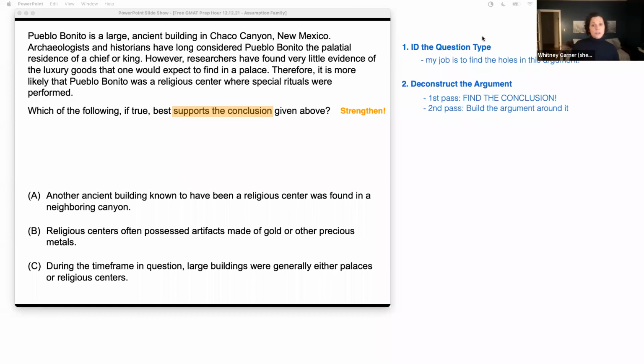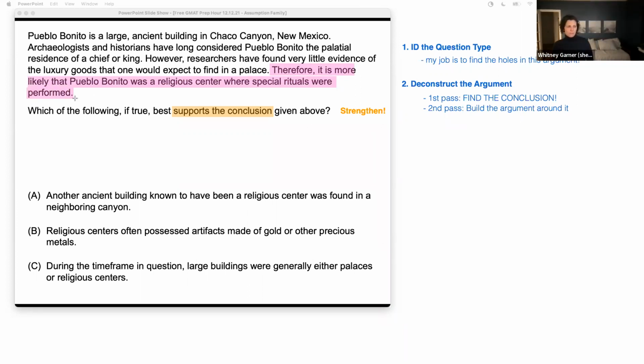However, researchers haven't really found any what we would call evidence of a palace. Also a fact. They went out, they looked, they didn't find it. Gold, jewels, whatever, luxury goods. Therefore, boom, here's our conclusion. Therefore, it is more likely that this place was a religious center than apparently a palace.